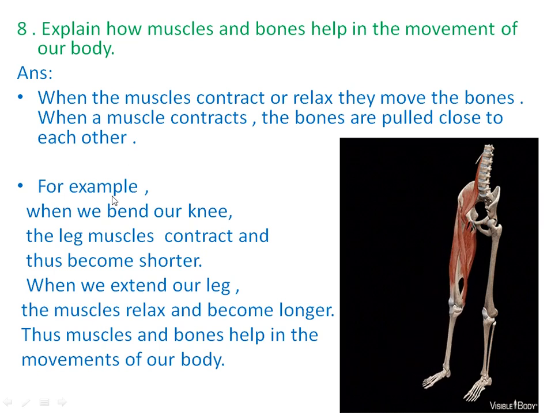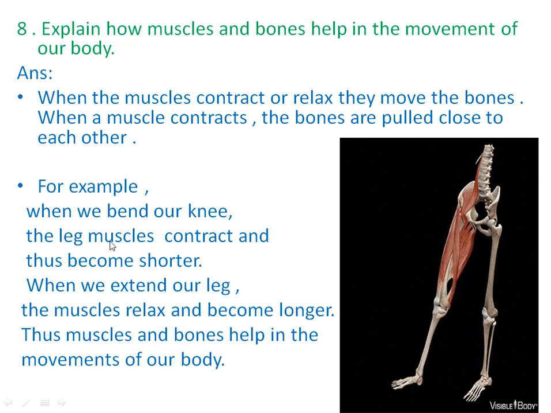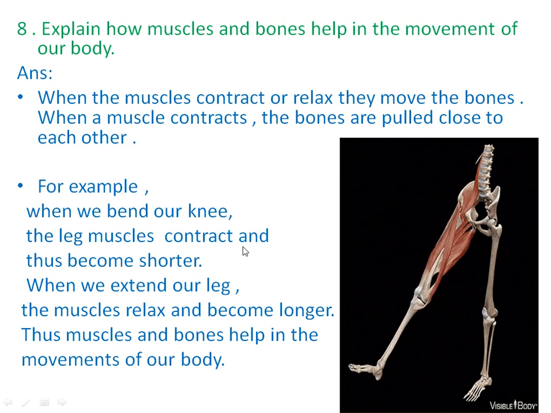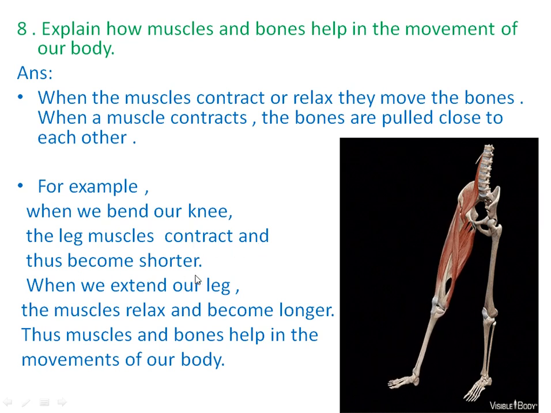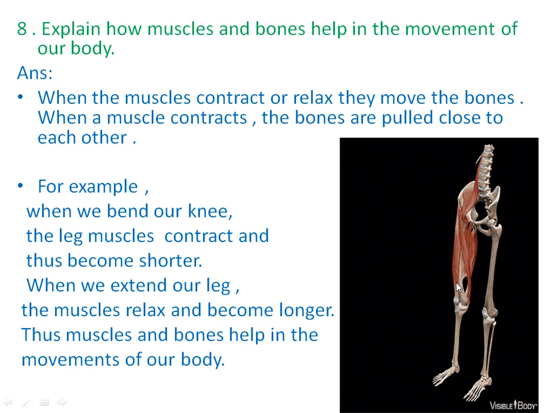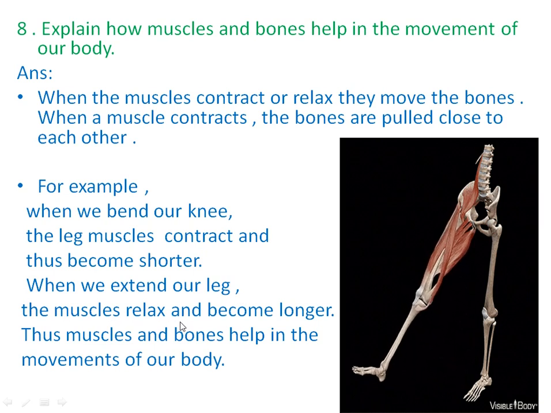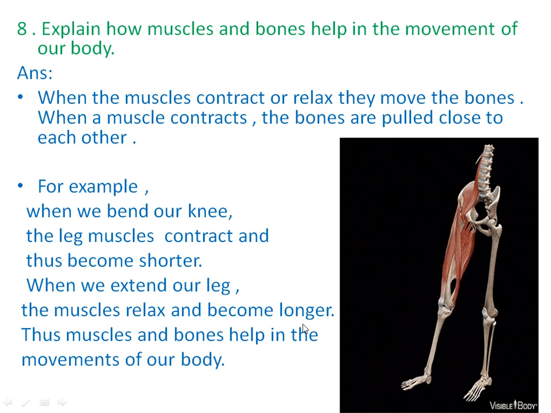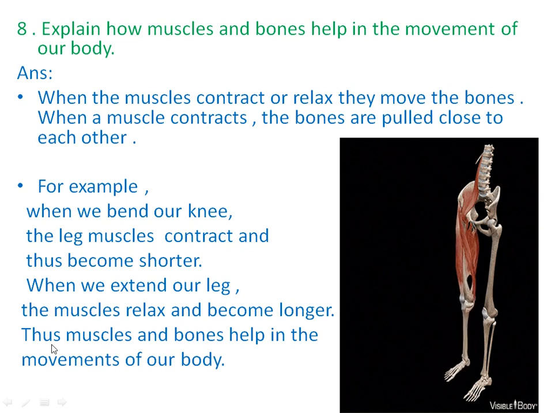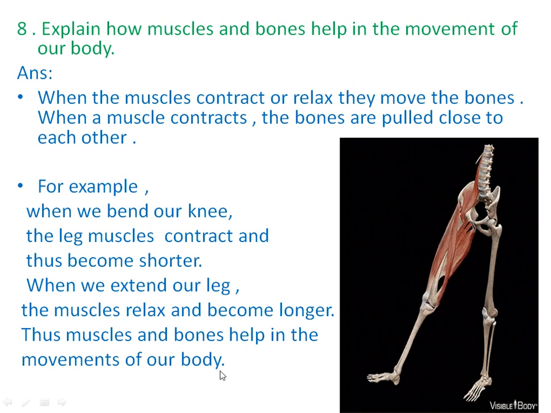For example, when we bend our knee, the leg muscles contract and thus become shorter. See here, become shorter. When we extend our leg, the muscles relax and become longer. Thus, muscles and bones help in the movement of our body.